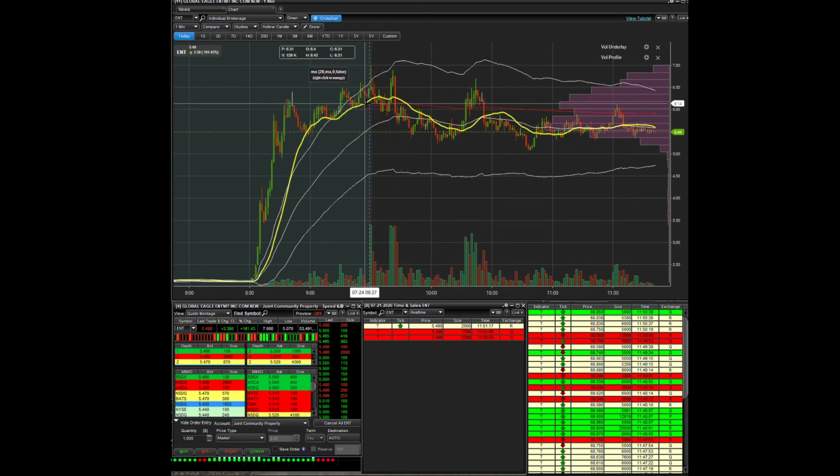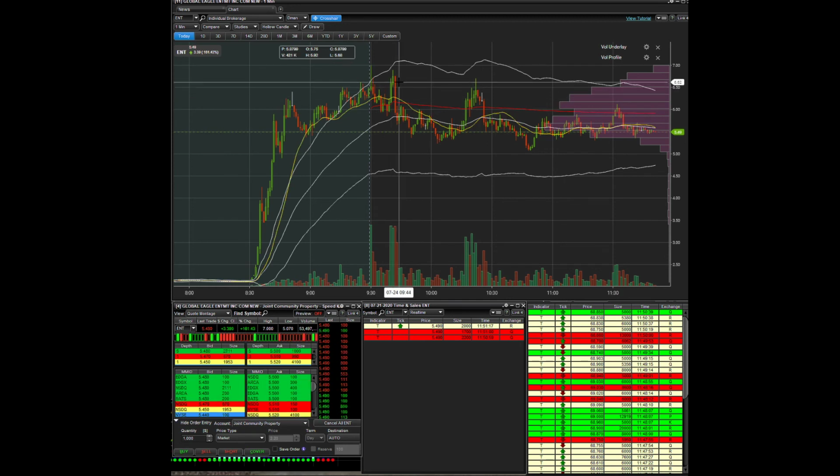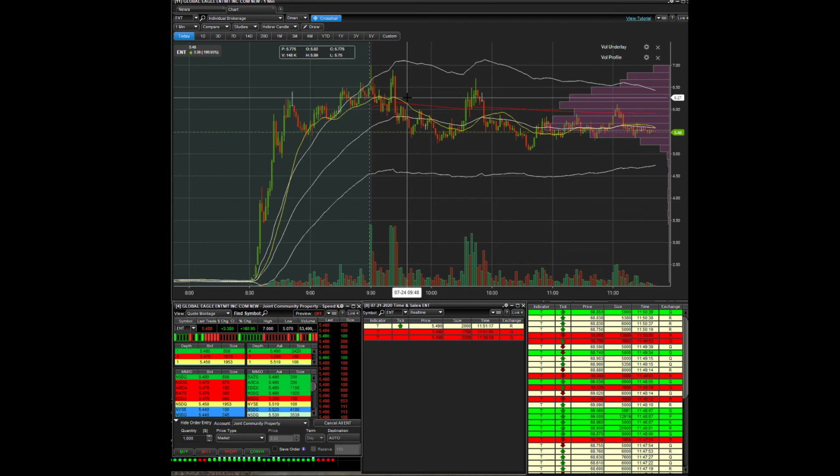But what kept happening was, anytime it would come above VWAP, it couldn't hold. So that is a sign of distribution. If this is the same one, I play so many stocks, I apologize, but I think this was the one. There was somebody absorbing at a certain level, and once they stopped absorbing, it cracked.